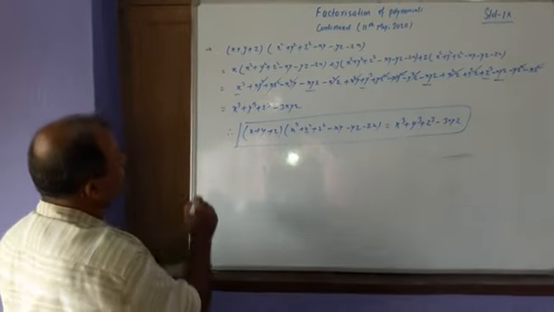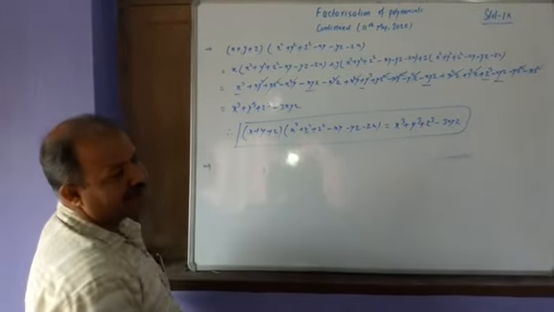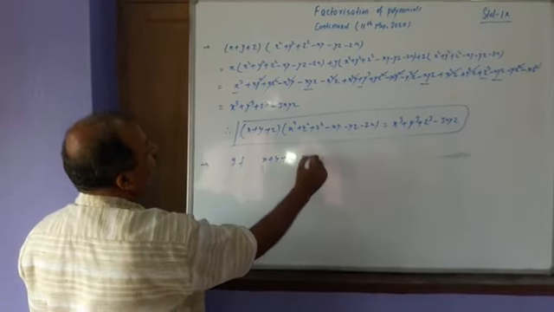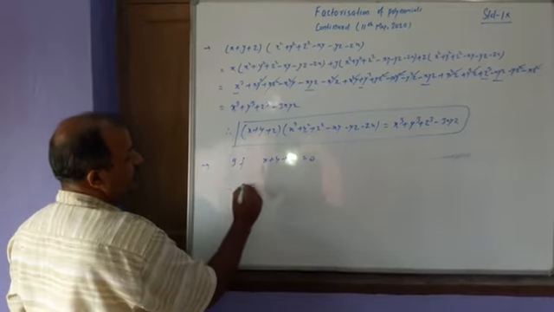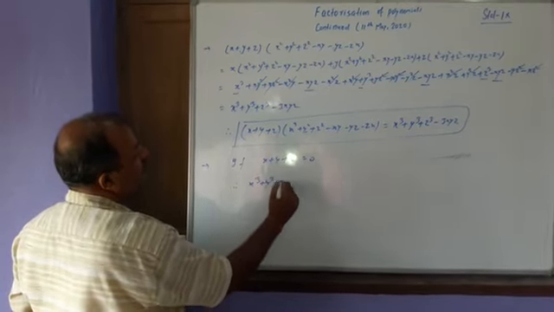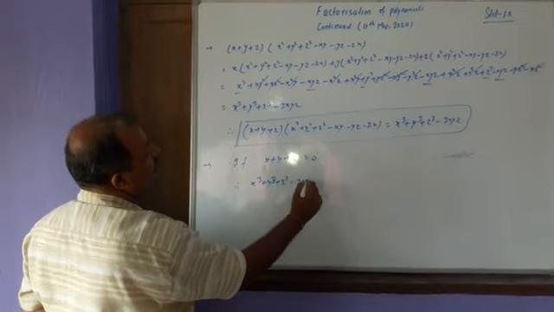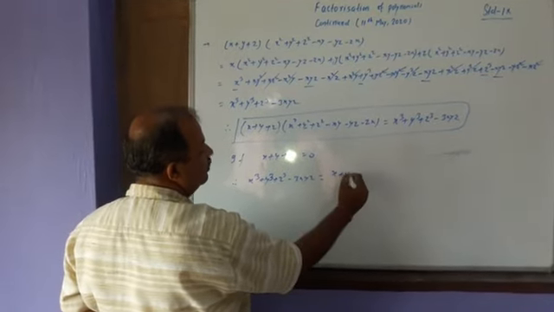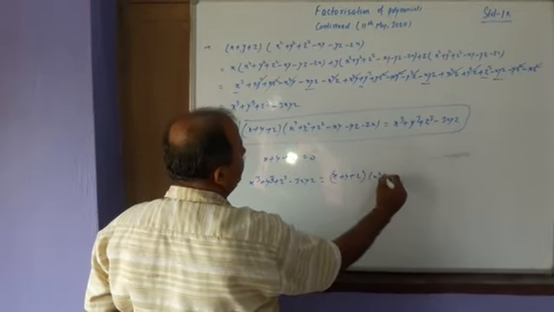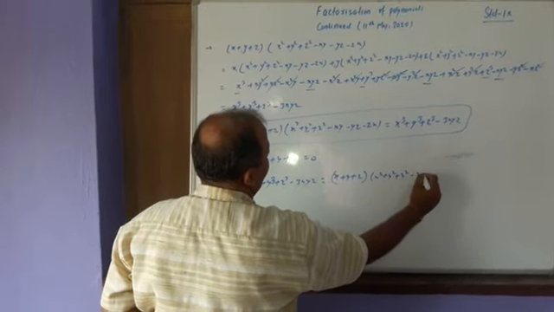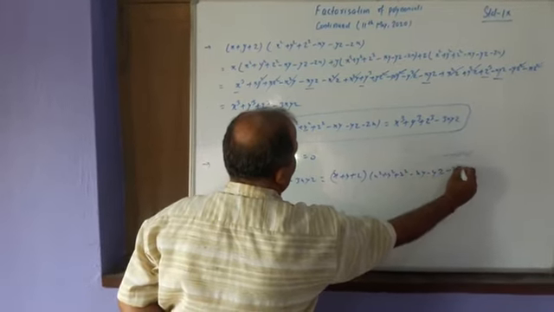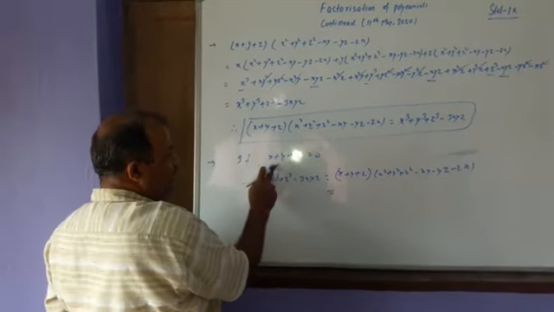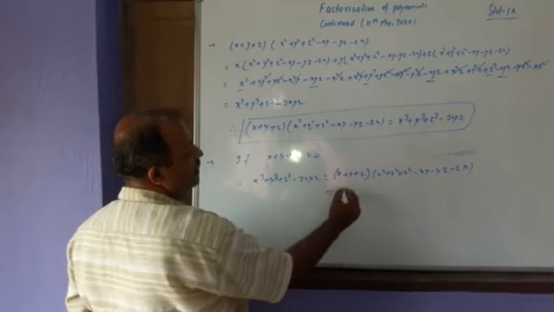Now the next identity, which is based on this. Suppose x plus y plus z is equal to 0. Therefore x cube plus y cube plus z cube minus 3xyz will be equal to (x plus y plus z) into (x square plus y square plus z square minus xy minus yz minus zx). Here in this identity we have taken x plus y plus z equal to 0.